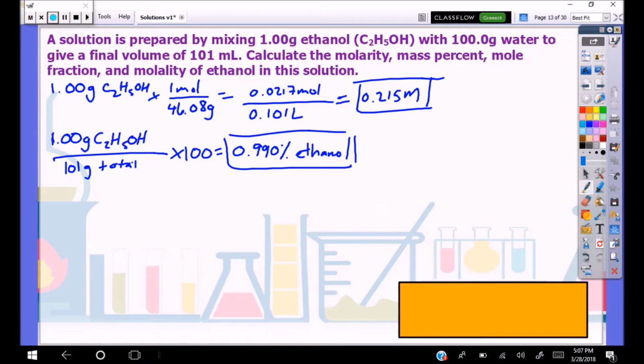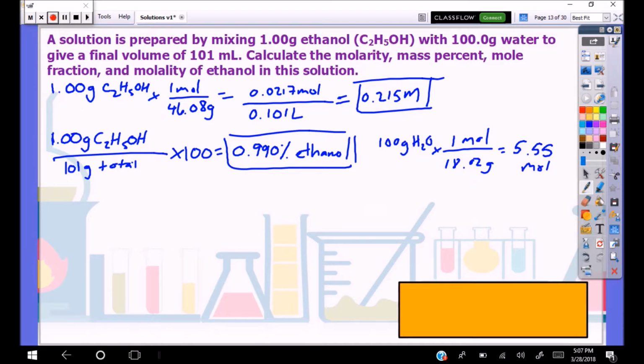All right, next we can do the mole fraction. Well, we already have the moles of ethanol from up top. We are going to need the moles of water. There are 100 grams of water, and there are 18.02 grams for every 1 mole, which leaves me with 5.55 moles of water here. Okay.